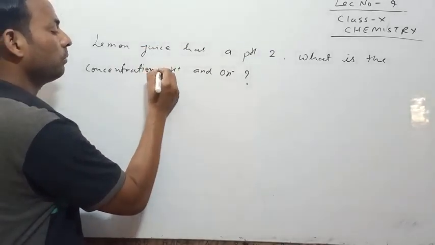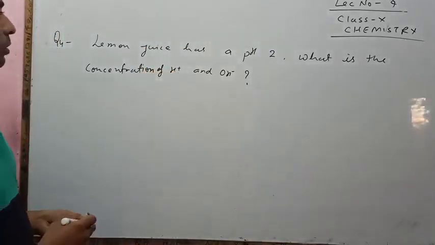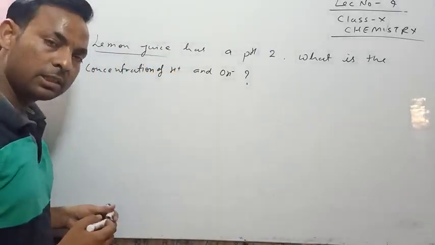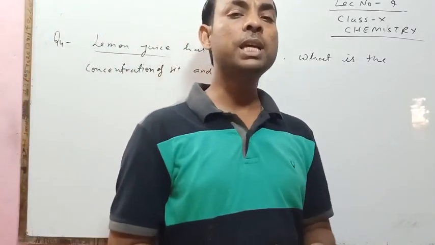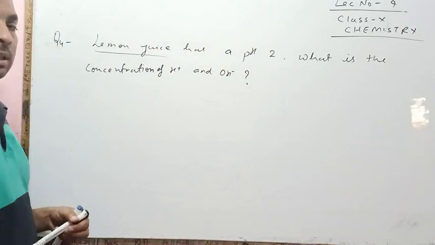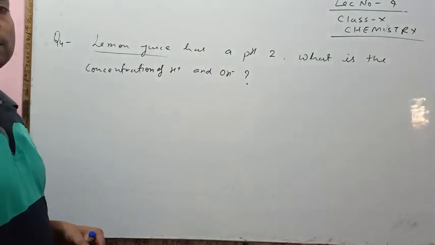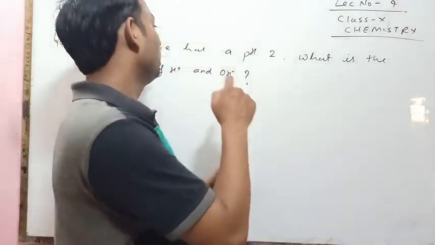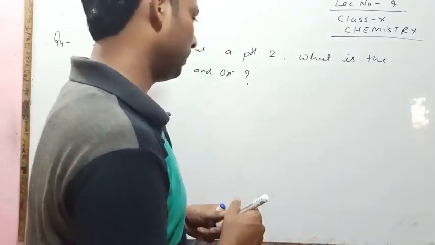So look here. How to do this question? First, lemon juice is acidic in nature. All the fruits which have a sour taste are acids. Lemon juice consists of citric acid.